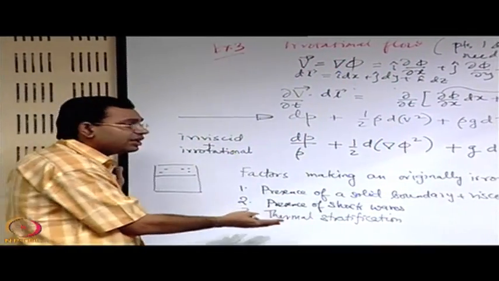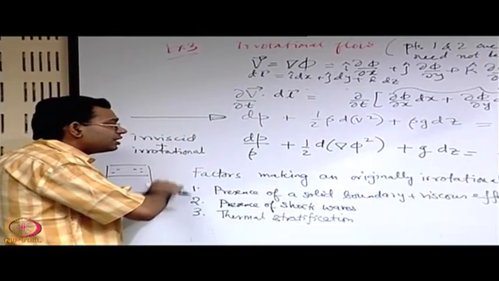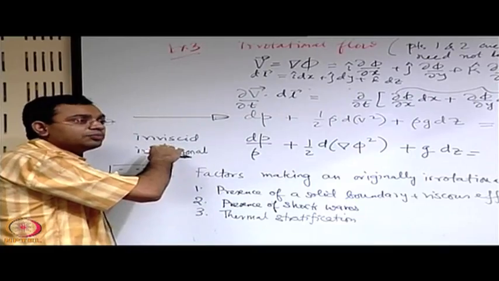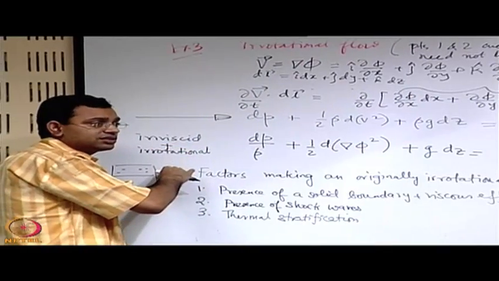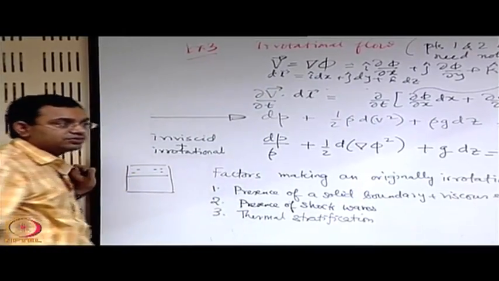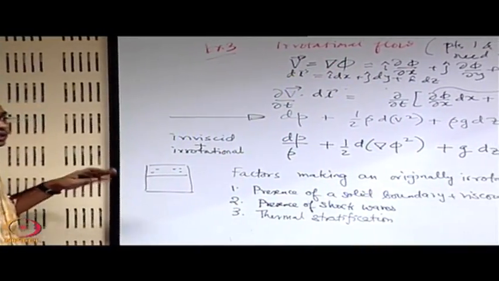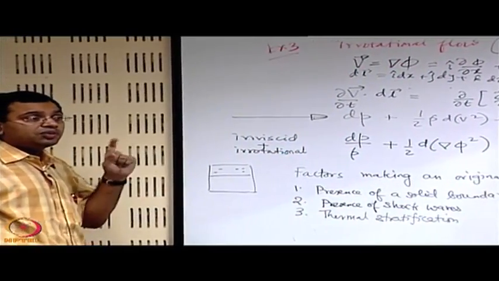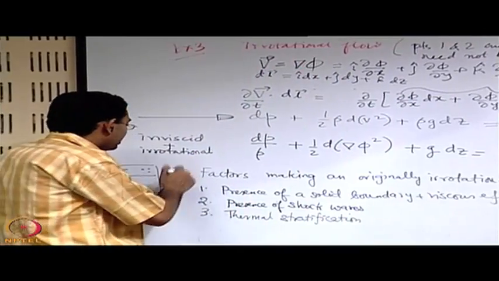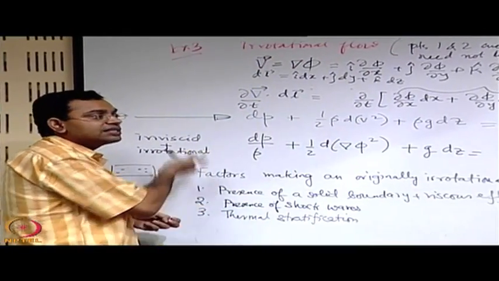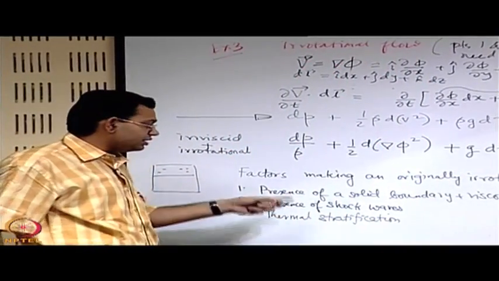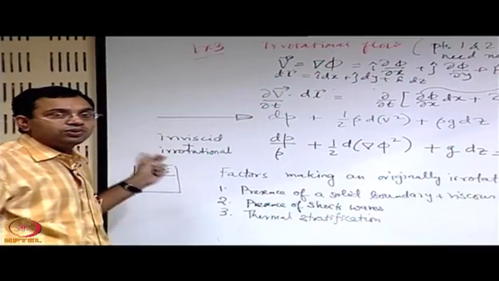So thermal stratification means there is a thermally stratified layer being created because the density gradient is created by the temperature. So the hottest ones are at the top and the cooler and cooler ones are further at the bottom. The density gradient is not created by a change in pressure, but by the temperature gradients prevailing in the system, in a direction oriented against gravity, and that is known as thermal stratification. If you have such stratified layers, then it is possible that it makes the flow rotational from irrotational.